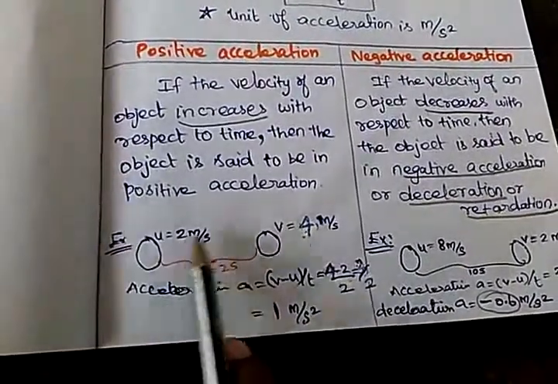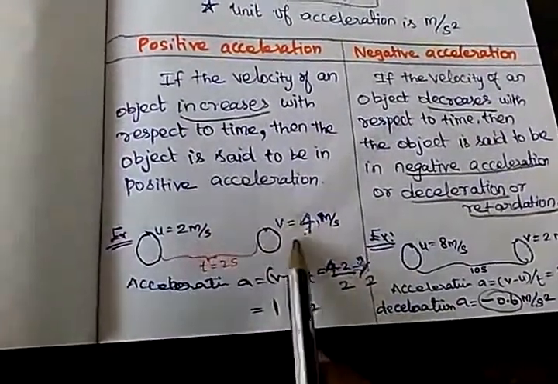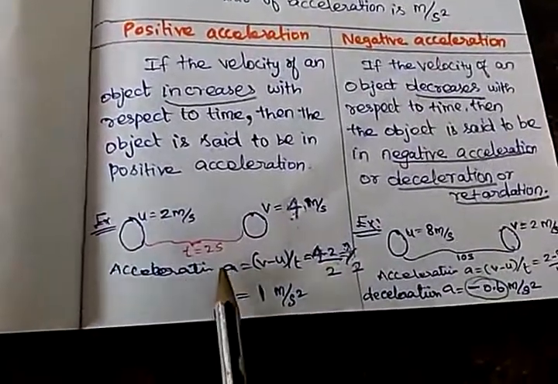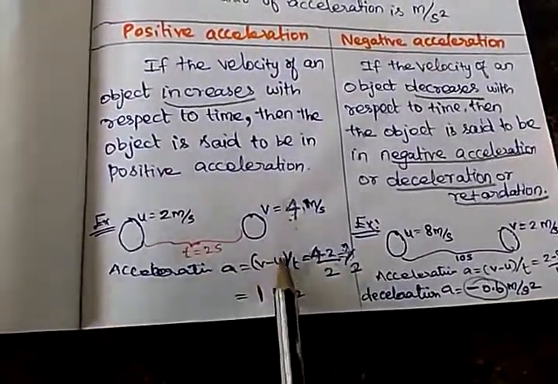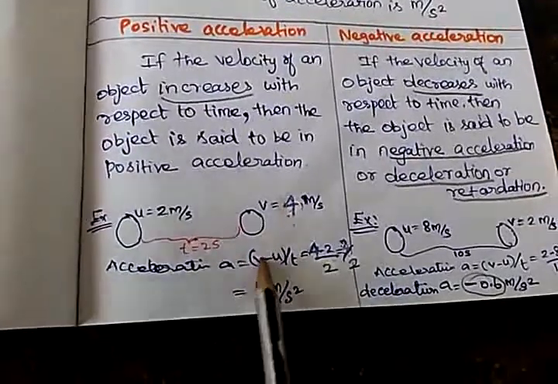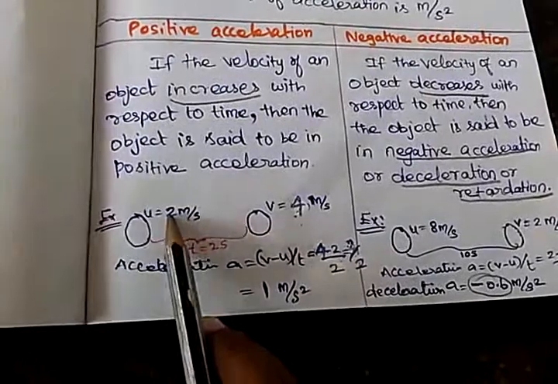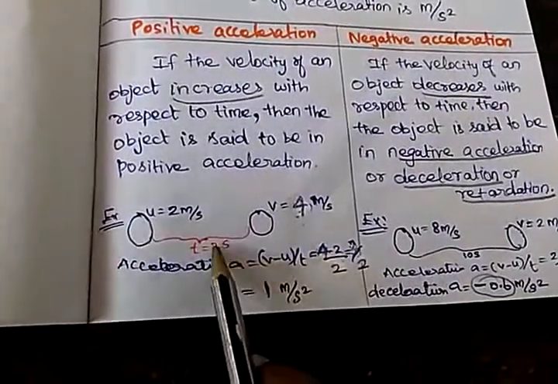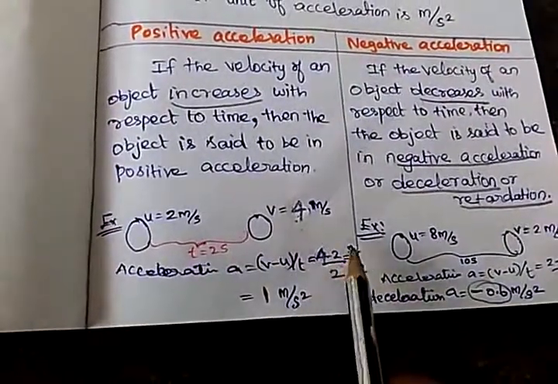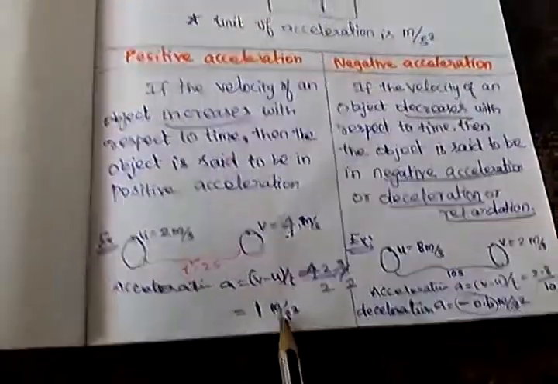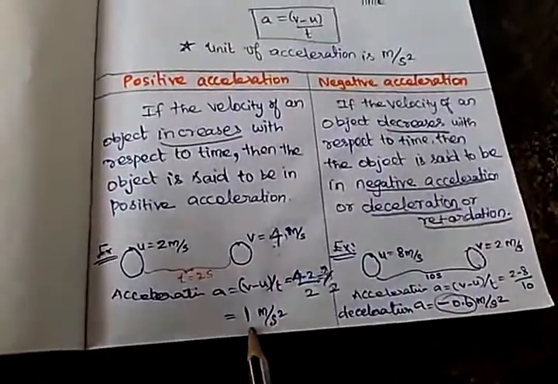Time is 2 seconds. How to calculate acceleration? Acceleration is equal to v minus u divided by t. Substitute v value 4 minus u value 2 divided by time value 2. So 2 divided by 2, we get 1 meter per second square. It is a positive acceleration value.